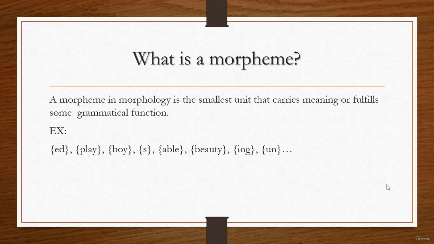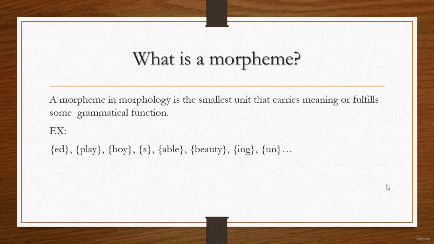Ed, it's a morpheme. For example, in played, the ed at the final position is only a morpheme, and it fulfills a grammatical function, which means that this unit conveys that the verb is conjugated in past simple.